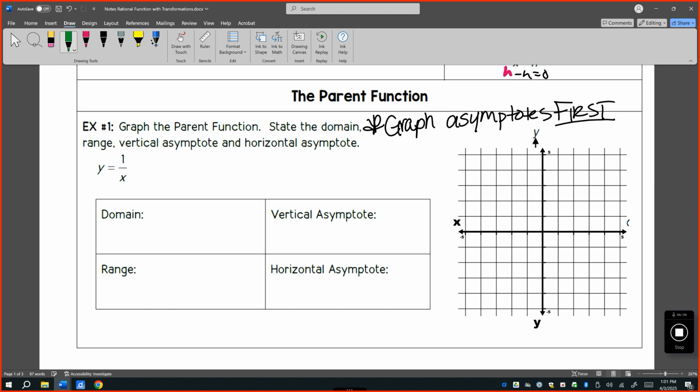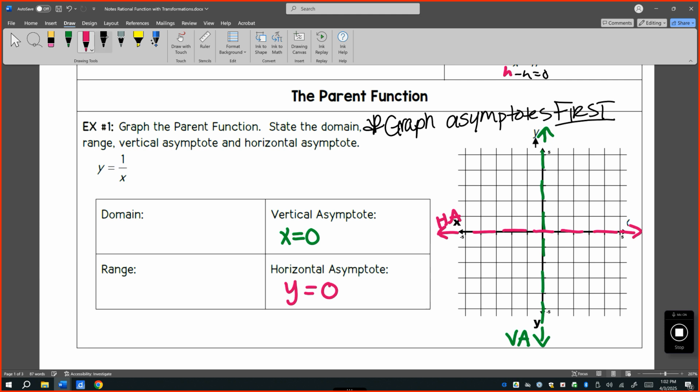Well, this is the parent function, so it's at x equals 0. We haven't moved it. Okay? So there's my vertical asymptote. That's at x equals 0. That's the name of this dashed line, right? Okay, your horizontal asymptote is at y equals k. There's no k. So it's right here. That's your HA, and that's at y equals 0.